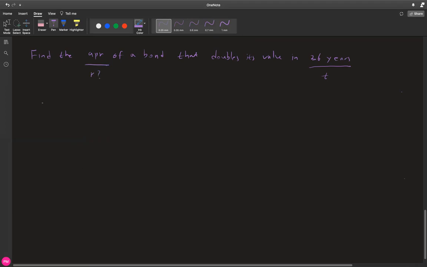So let's use the same formula. The face value equals P plus PRT.